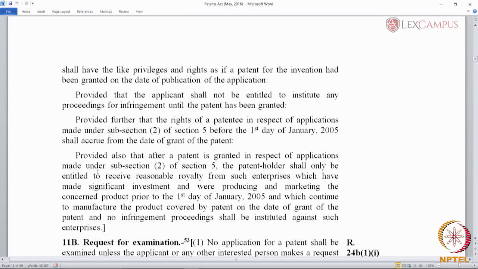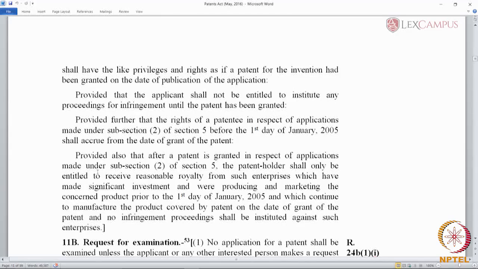The reliefs in an infringement suit are mentioned in section 108. And 108 tells us that in case of an infringement, suits can only be filed after the grant of a patent. In case of an infringement, a patentee could have the reliefs which could include injunction, which is a relief whereby you stop the person from doing the infringing activity.